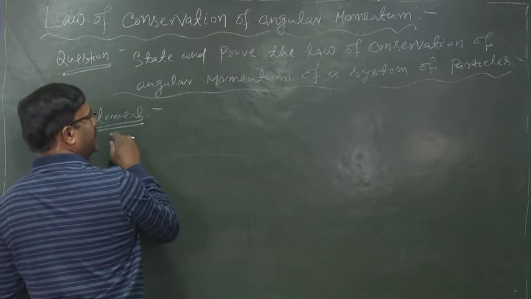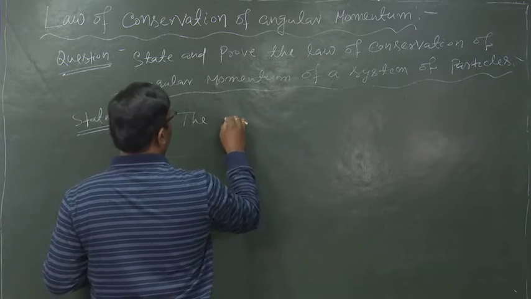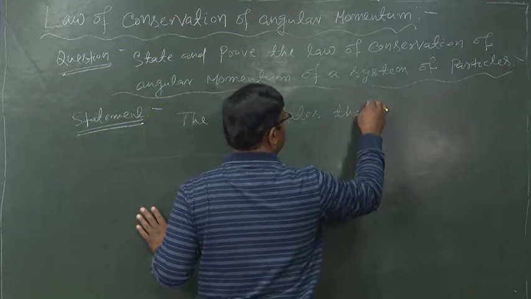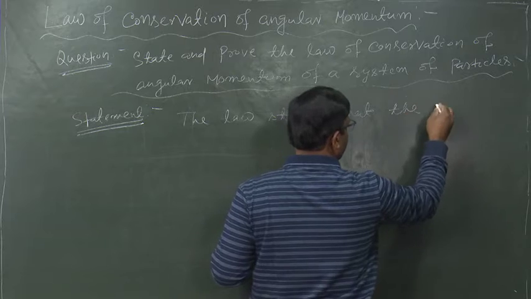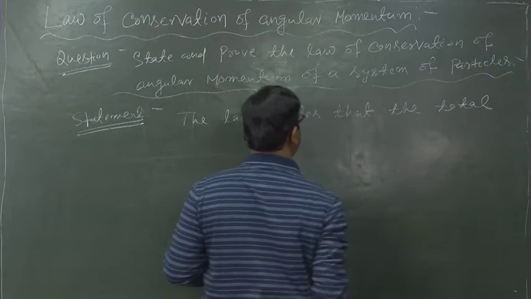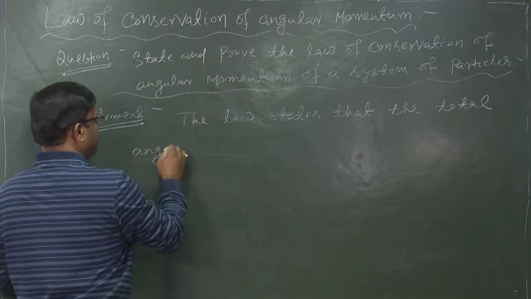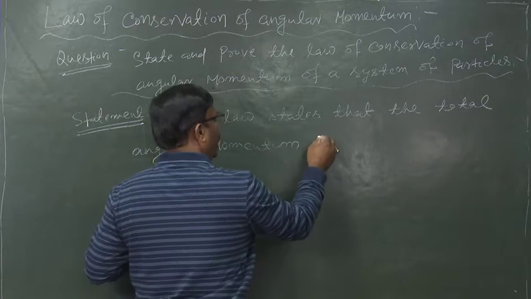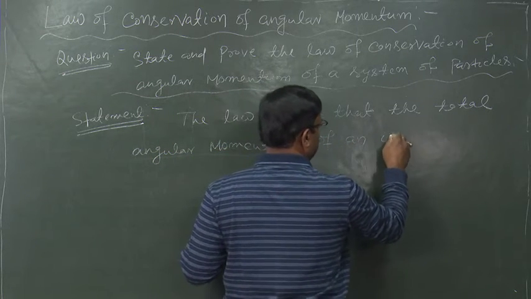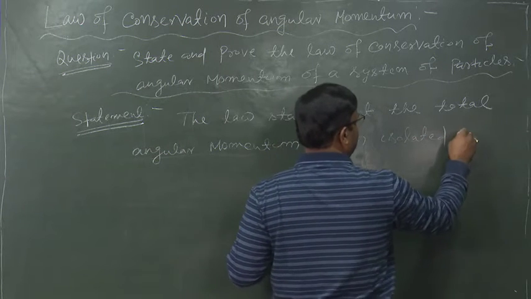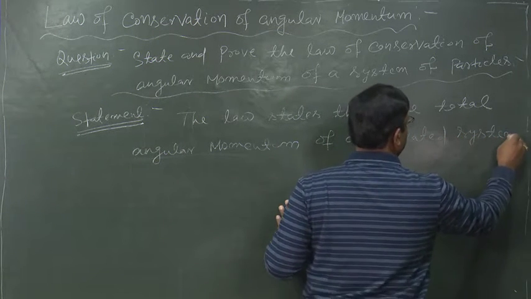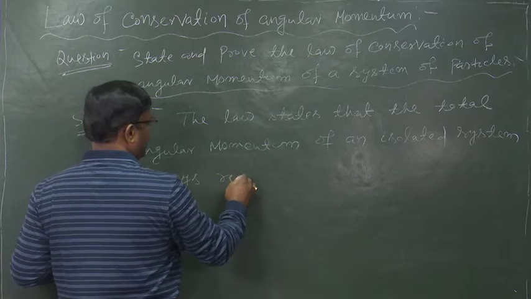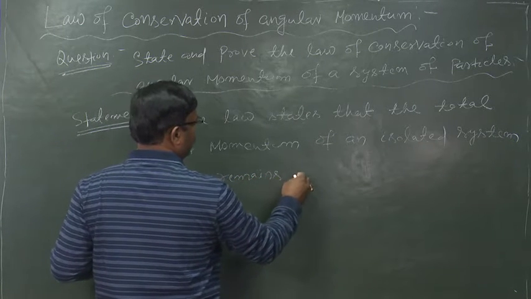So, we can write the law as: the law states that the total angular momentum of an isolated system always remains the same.